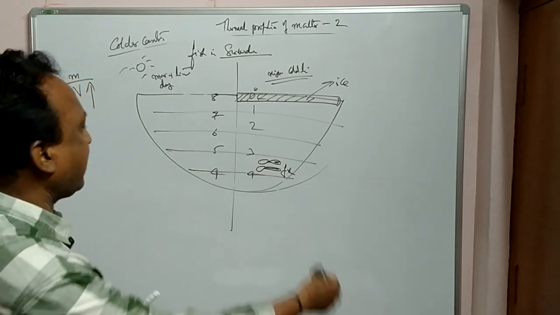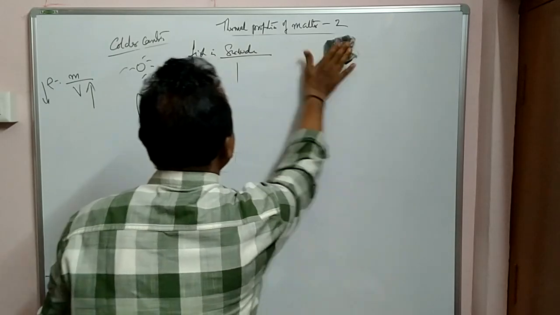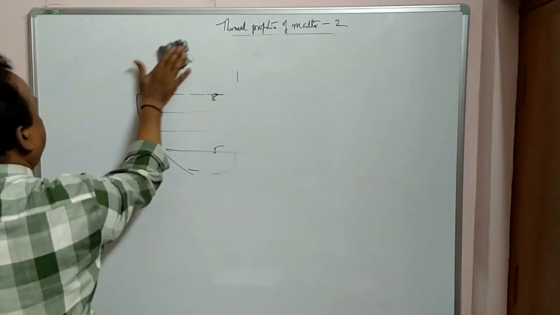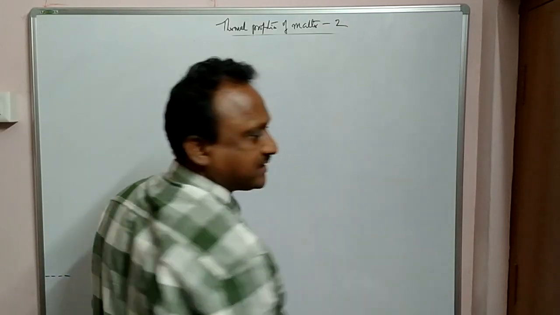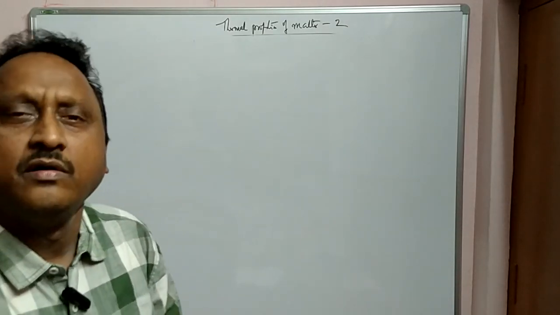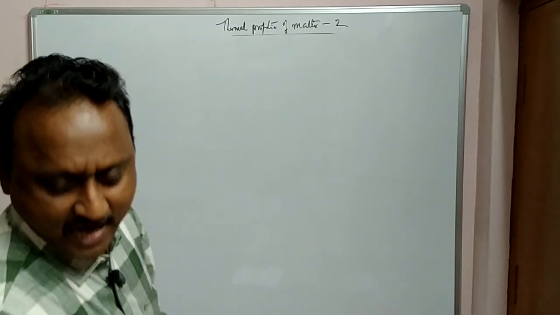Now we'll go to the last topic of this chapter, thermal properties of matter: calorimetry. What is meant by calorimetry?